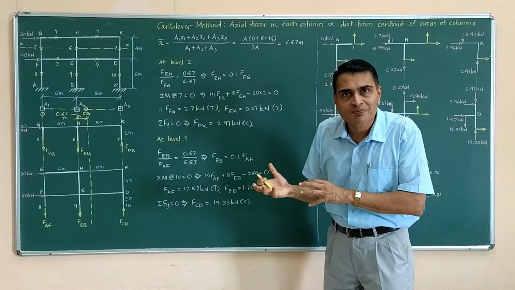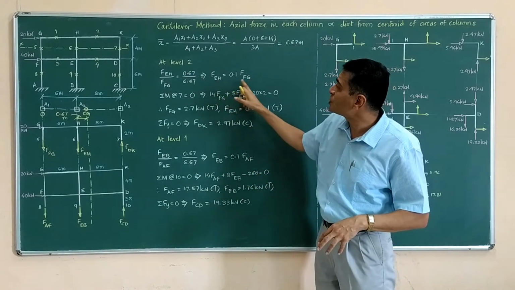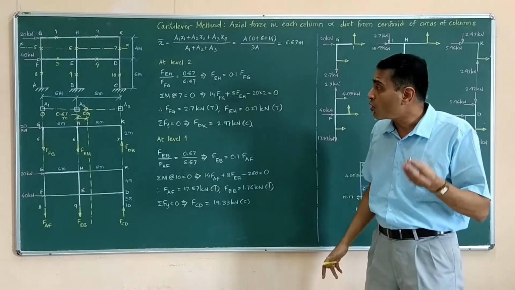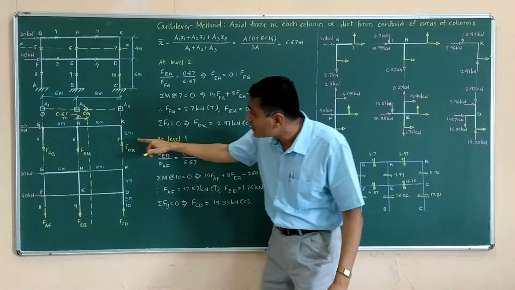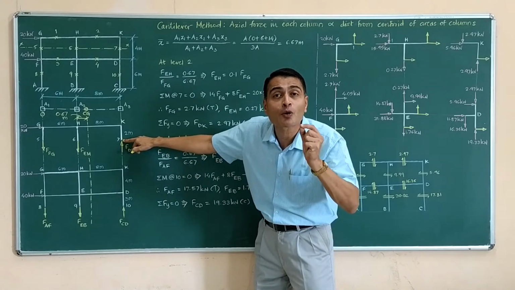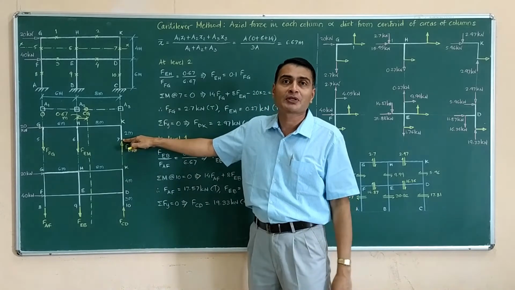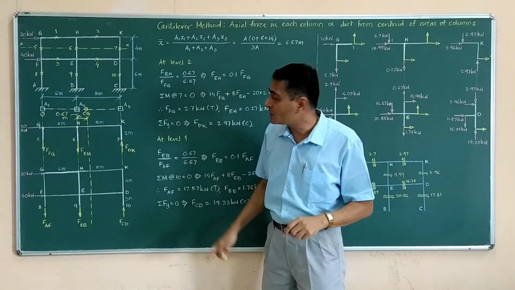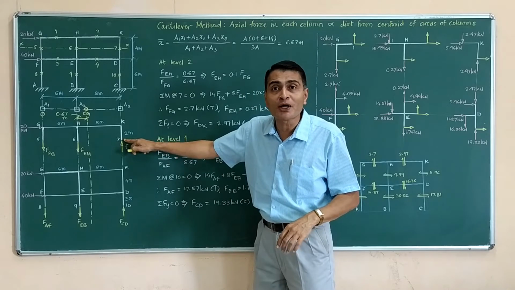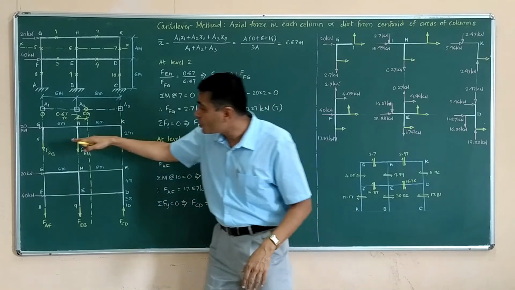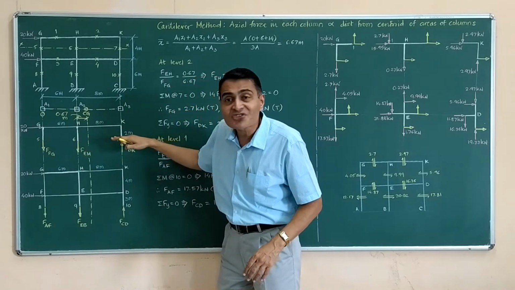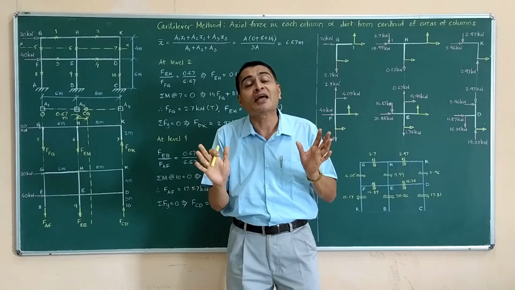adjustment of terms. And now this is one equation in two unknowns, so I need one more equation to find both. So obviously I am going for sigma M about 7 equal to 0, this particular point of contraflexure. The beauty of this equation is that neither F of DK is making any moment about this point, nor are the horizontal shears H5, H6, H7 going to create any moment.